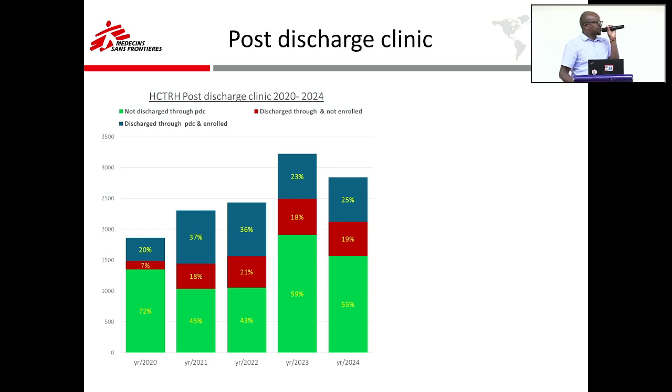So once the patient goes through the PDC, after 2 months, they are also informed of the 2 primary health care facilities that are MSF supported. So if they don't have complications, they are also given that opportunity to get enrolled in the 2 facilities. So maybe you can go to the next slide.